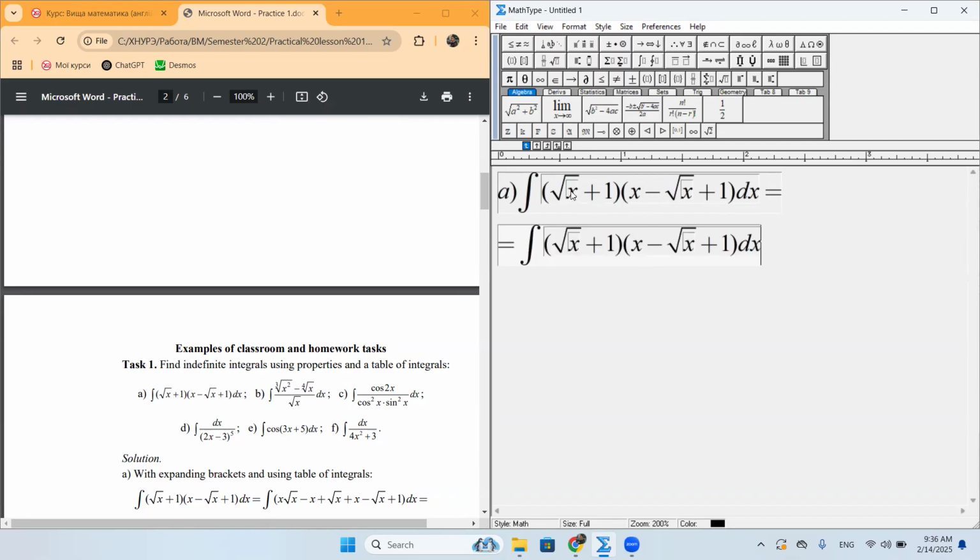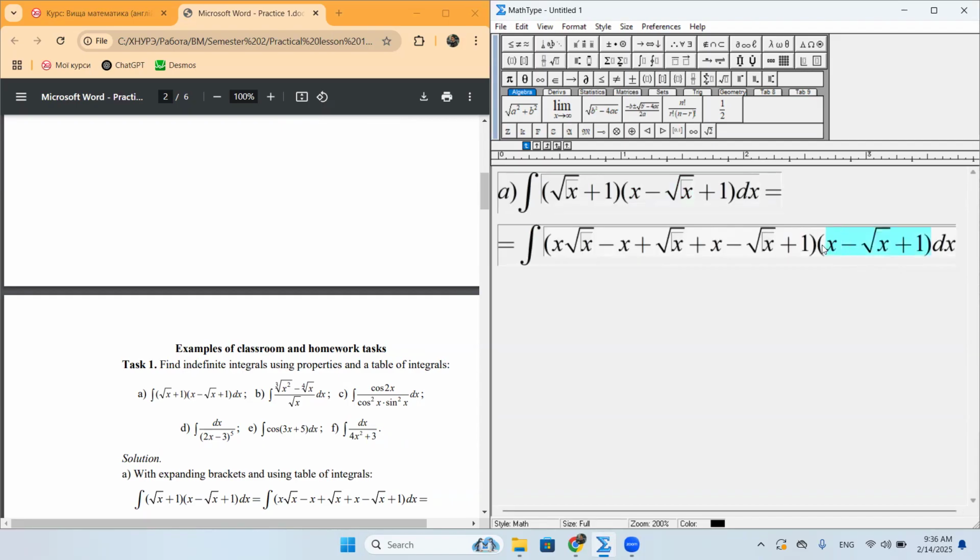So when we multiply this bracket by square root of x, what we receive: x square root of x minus x plus square root of x. So done with it. And what about multiplying by 1? We have this.